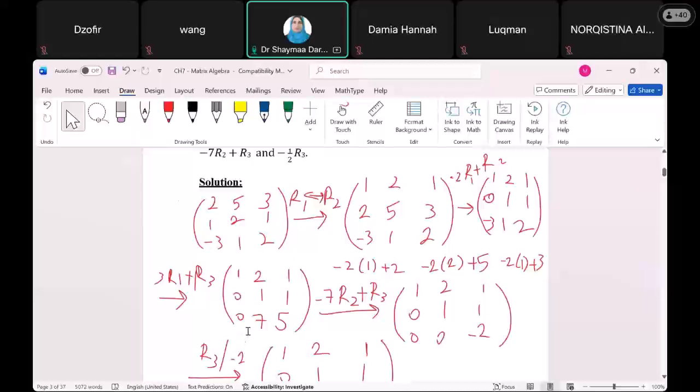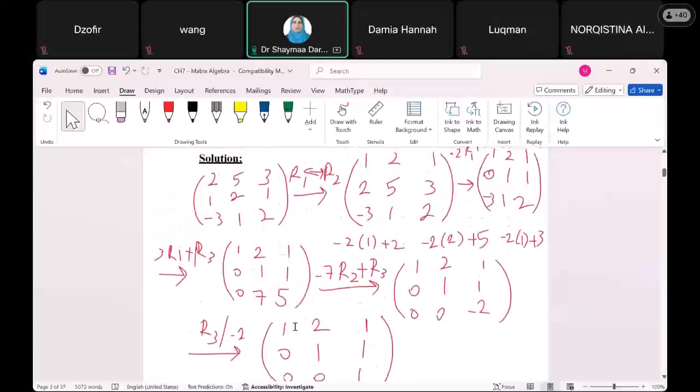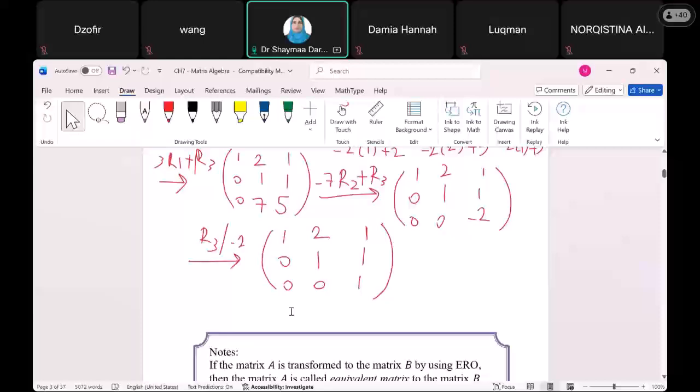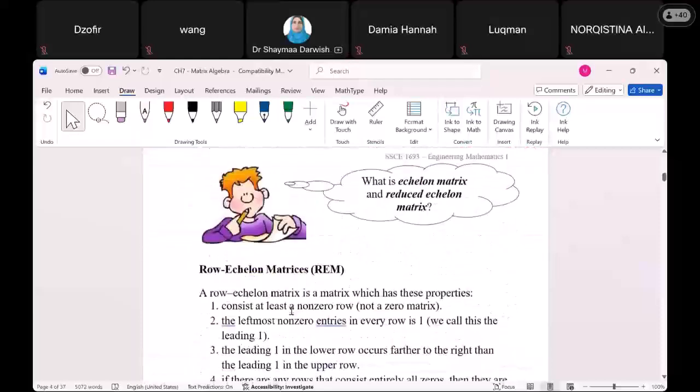You cannot multiply by 0. And you can add to another row. Not only multiply, after you multiply, you can add to another row, as we did here. So this matrix is still equivalent. A is equivalent to B.